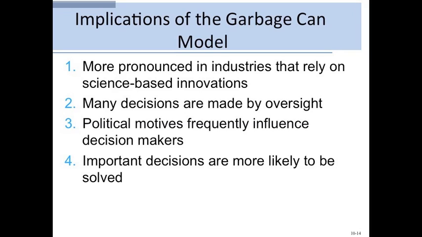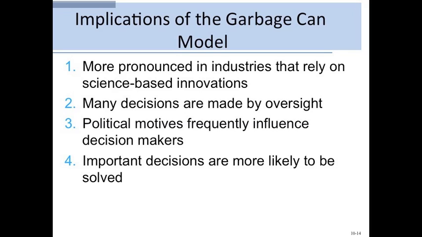And so there is not necessarily this level of rationality where we're considering everything objectively and everything's in line. No, it's more so having people advocating certain things, having opportunities arising, and then trying to find problems to fit into those opportunities, in essence, to solve.